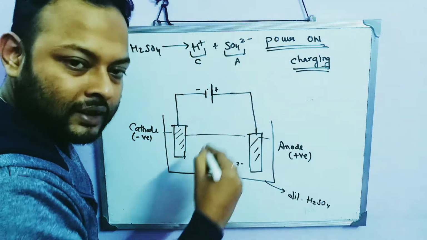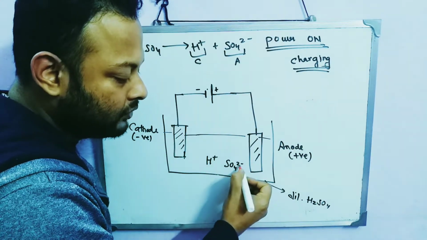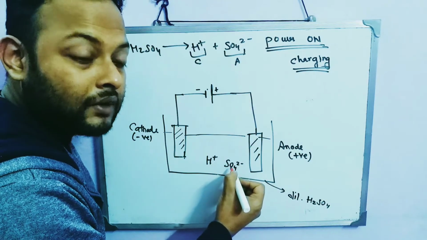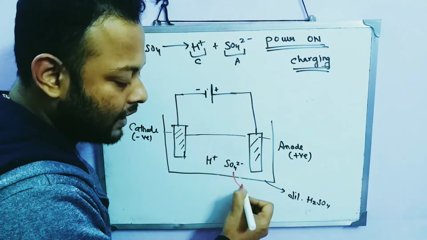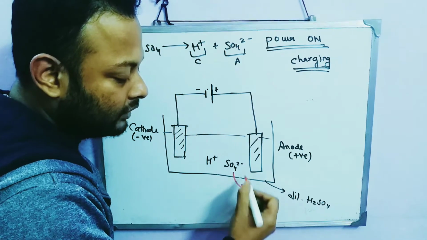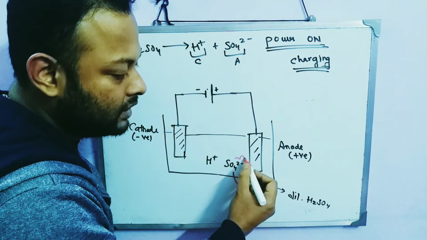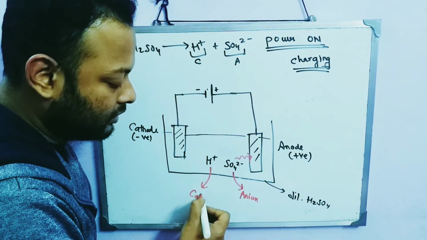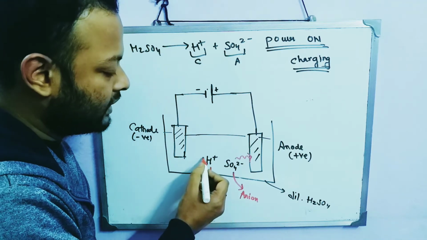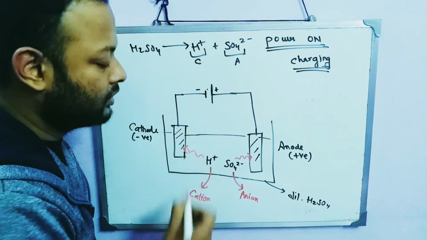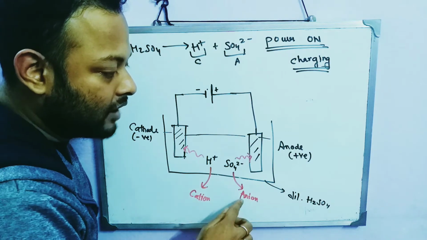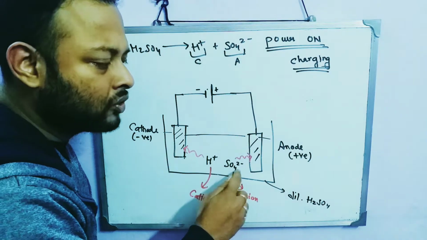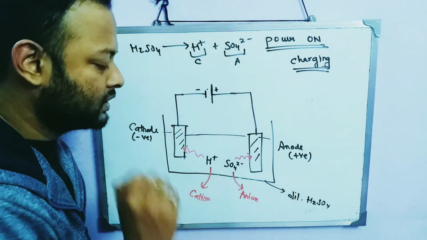Whatever SO4 2 minus ions are there will move, this negative ion is called the anion. This anion will travel towards the anode, and this cation will travel towards the cathode, because negative goes towards positive and positive goes towards negative.